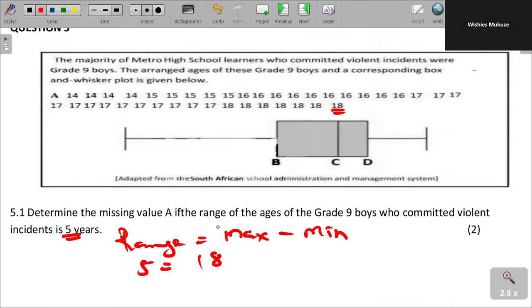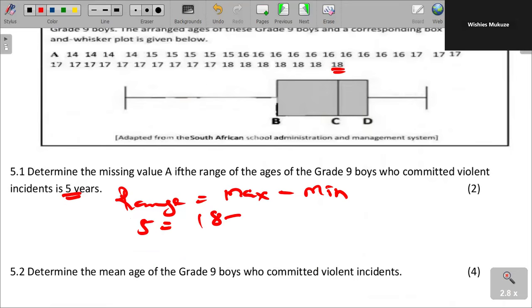18 minus a, which we say is an equation. We are formulating an equation where 18 is equal to a plus 5, so that a is equal to 18 minus 5, which is 13.